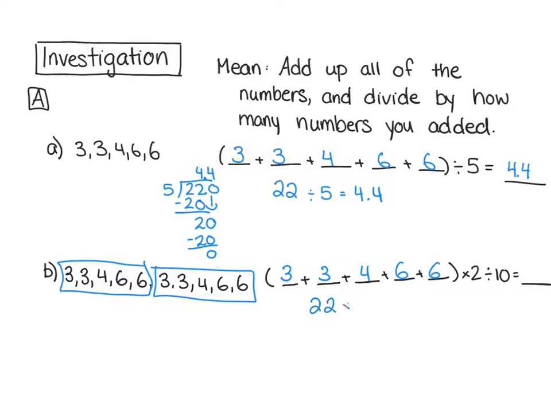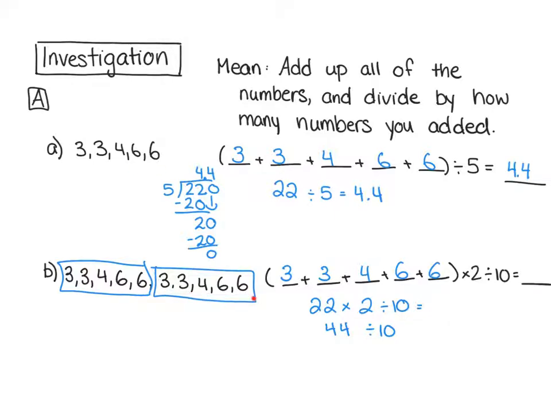So this will turn into 22, because remember that was what these 5 numbers add up to, times 2 divided by 10. So 22 times 2 is 44. And the reason we are dividing it by 10 instead of by 5 is because instead of having 5 numbers, we now have 10 numbers.